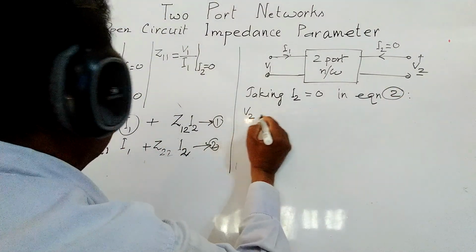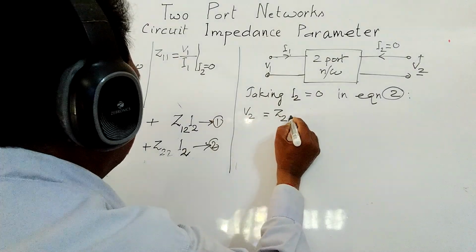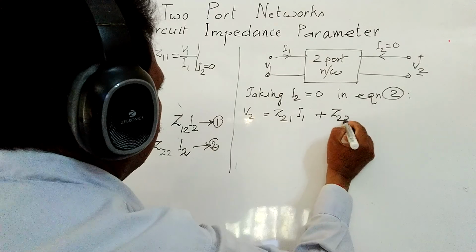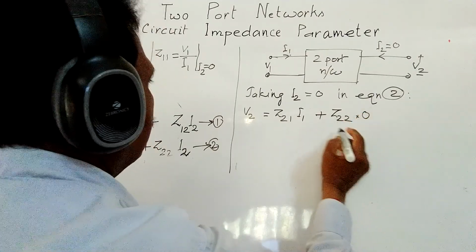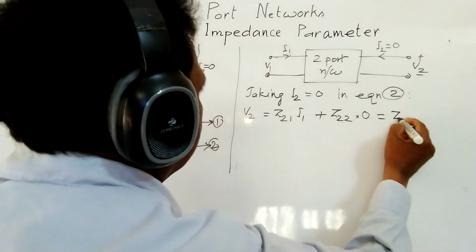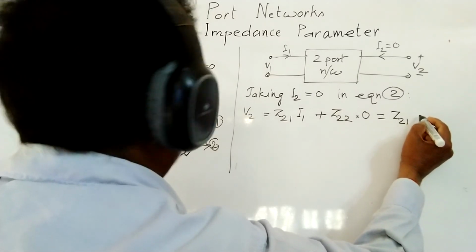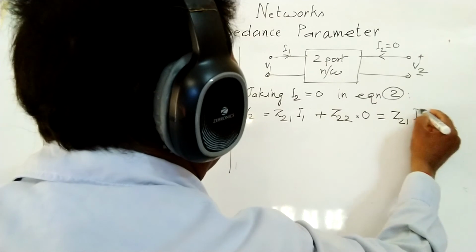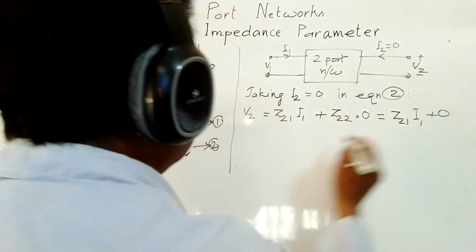V2 is equal to Z21 into I1 plus Z22 into 0. Now this becomes Z21 into I1, and the other term becomes 0.